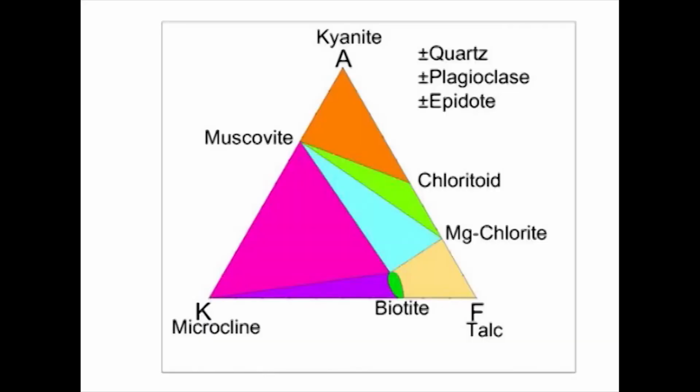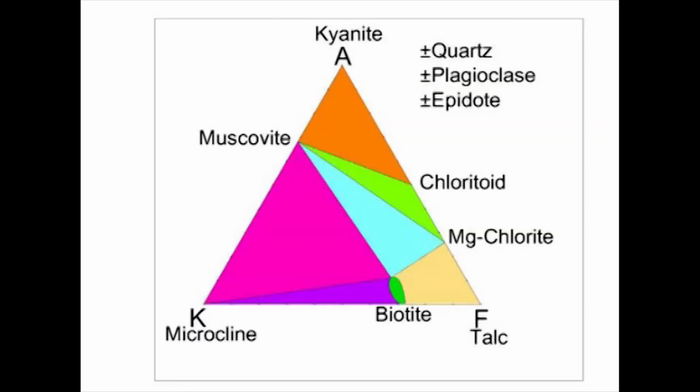Second assemblage is your kyanite, chloritoid, chlorite, plus or minus epidote, plus or minus muscovite, plus or minus albite, plus or minus quartz. In short, this is also known as kyanite chloritoid chlorite schist.